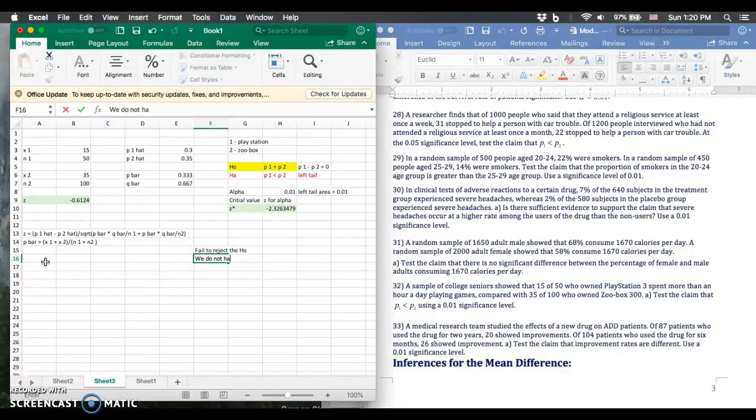So we do not have enough evidence to say the proportions are different between students who play PlayStation and Zoom Box.